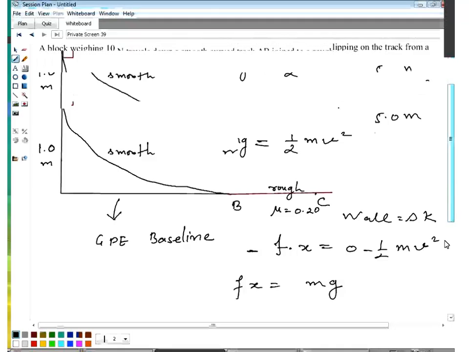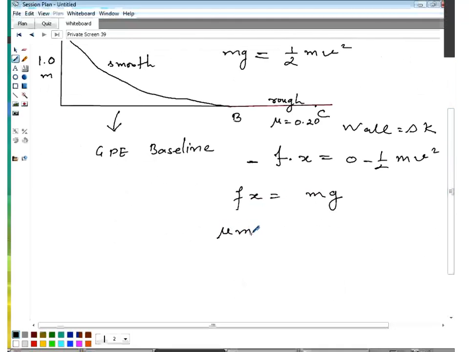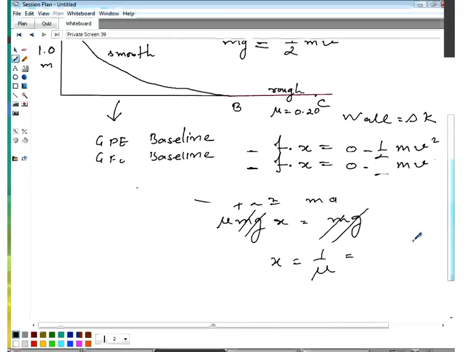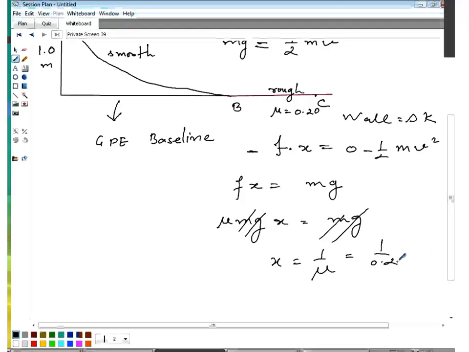Frictional force, this is kinetic, so mu times normal reaction. Normal reaction should be mg in this situation. So that is also mg. X is 1 upon mu. Mu is 0.2, so 5. Any questions? Let me know.